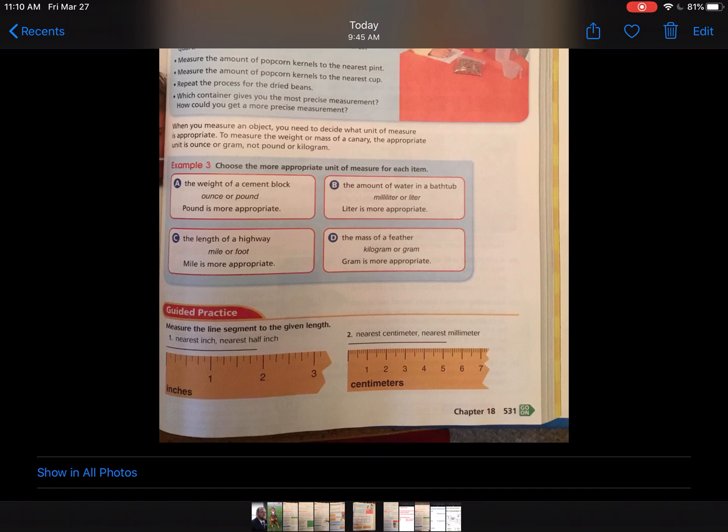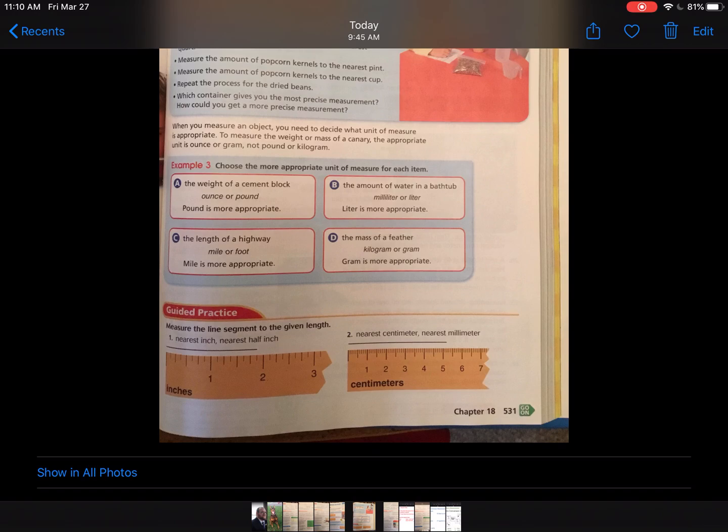For number 1, to the nearest inch, that line segment is 2 inches, and to the nearest 1/2 inch, it is still 2 inches, because it's closer to 2 than it is 1 1/2. So the answers for number 1 are both 2 inches.